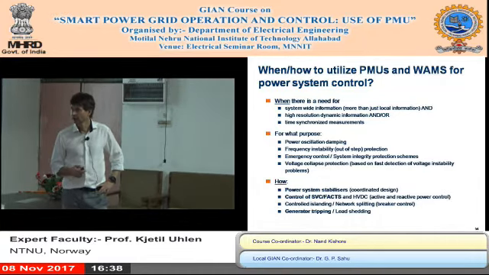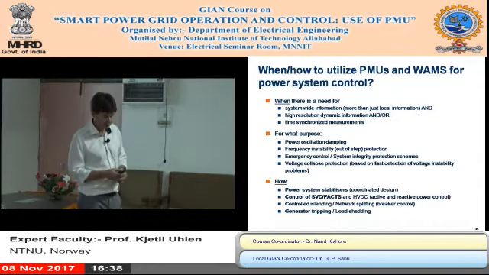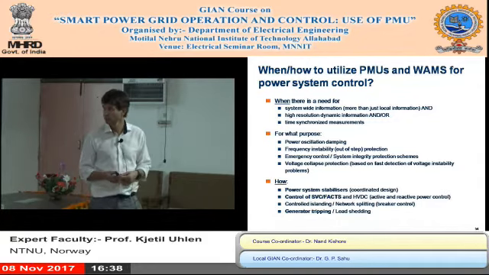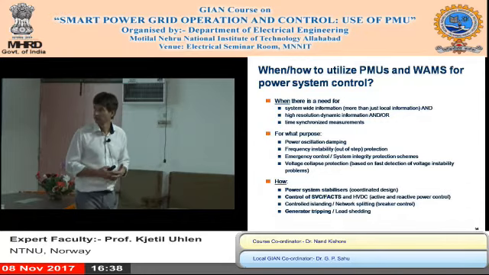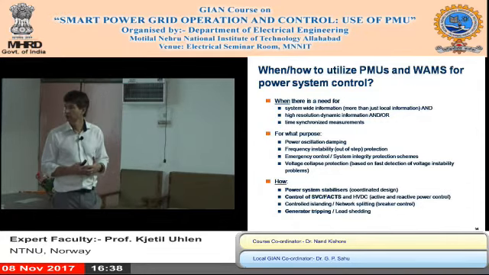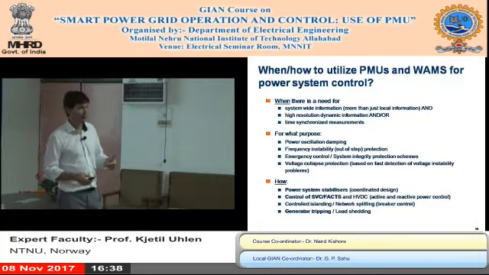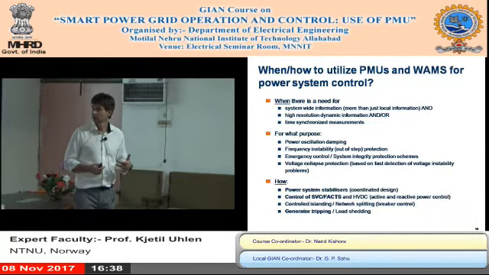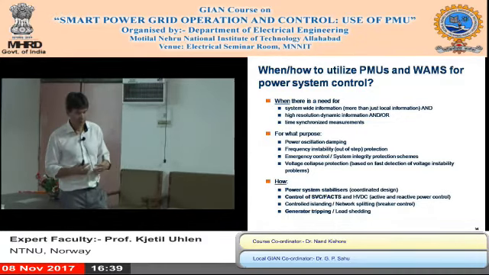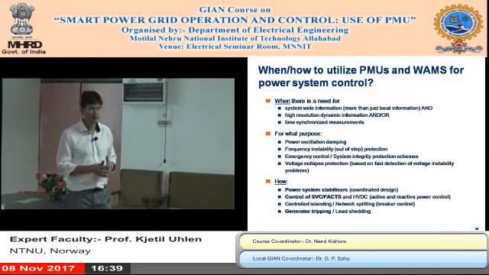And then how would we do it? We could look into power system stabilizers, how we could utilize PMUs for coordinated design. We could look into control of static VAR compensators or other FACTS devices, how you could optimize the use of that, including also high voltage DC converters.